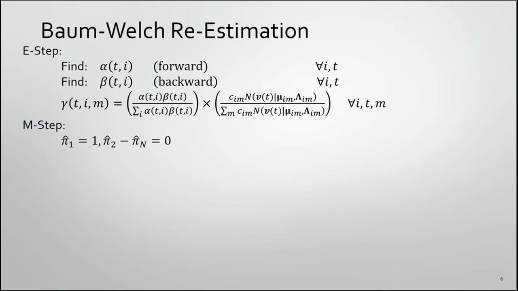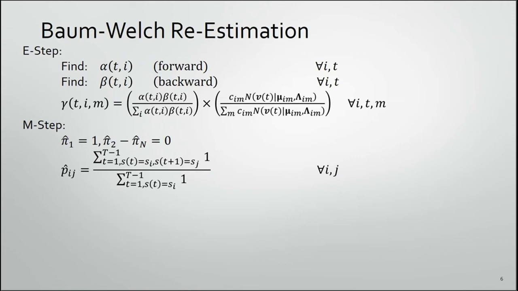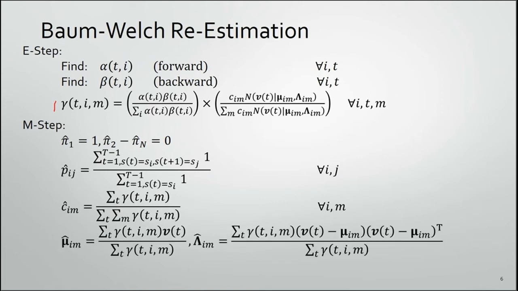And then in the M step, we do the following. Pi 1 is 1 and pi 2 through pi N is 0. We just saw that. Pij is estimated. Cim is estimated using the gamma t(i, m) that we derived earlier. Mu im and lambda im are also estimated using the expressions that we derived earlier.